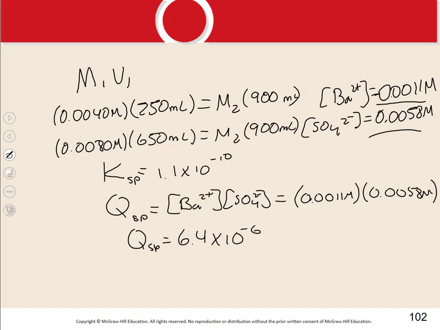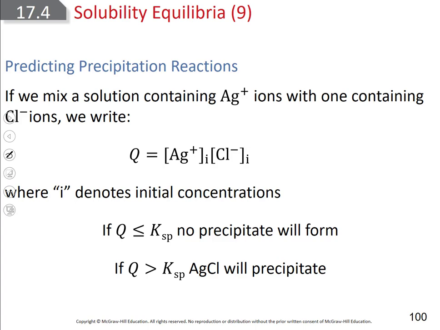So now that we have Q, we're going to compare it to K. So compared to K, is Q smaller or bigger? Q is bigger. So if QSP is bigger than KSP, does the solution precipitate or not? Yes. Q is bigger than K, so the solution precipitates.